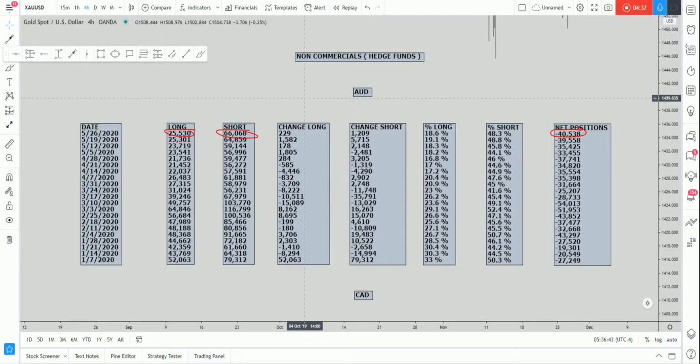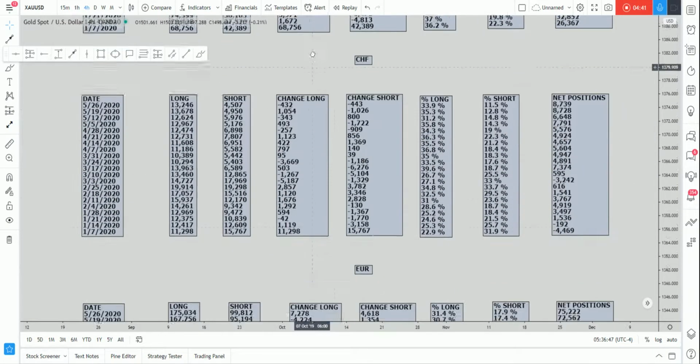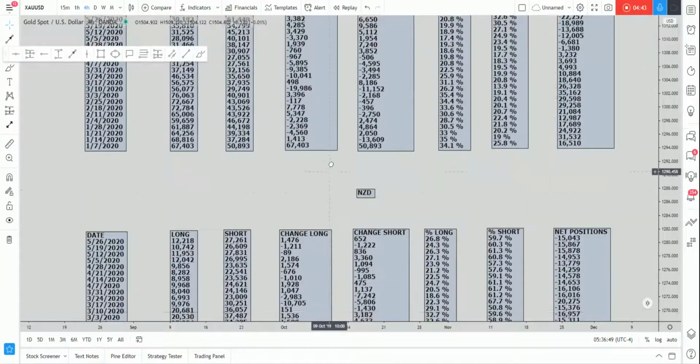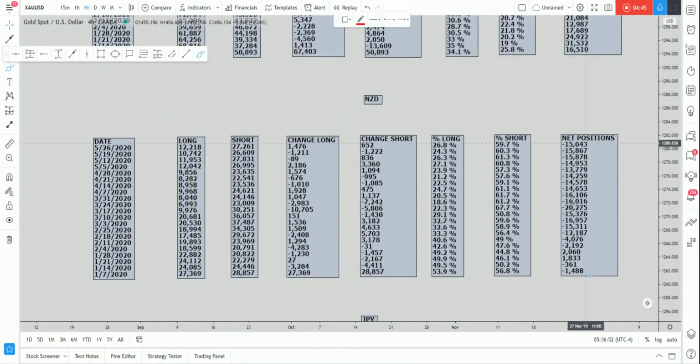Therefore, we can definitely expect some weakness and that daily support to break to the downside. And if we go and see what we have from an NZD perspective, we can see that currently we didn't really have much change in the net positions, but I definitely want to see with the new report more longs getting added. The new report will come out today.